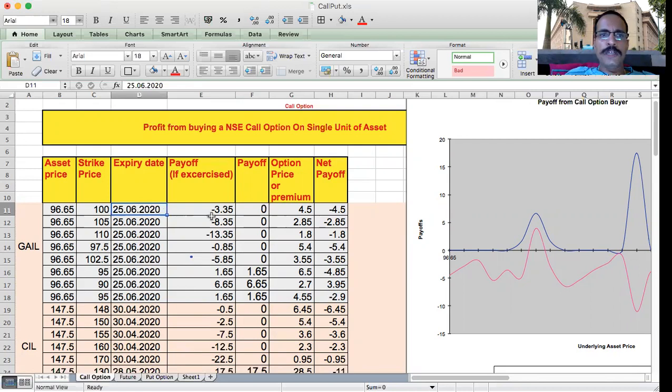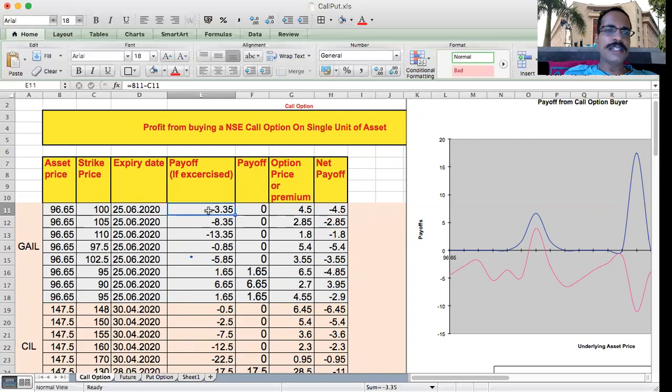So if I exercise this, then my payoff is negative, because today the market price is 96.65, and if the stock rises to 100 and I say that I will buy this at 100 on a particular date, then this gives me an obvious loss, right?